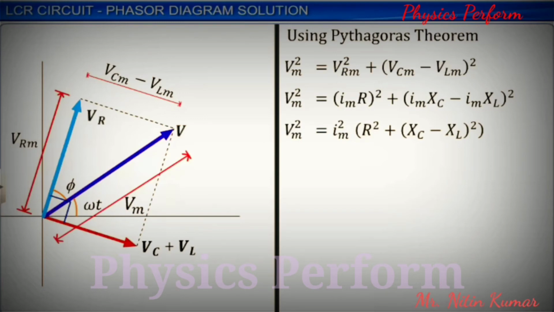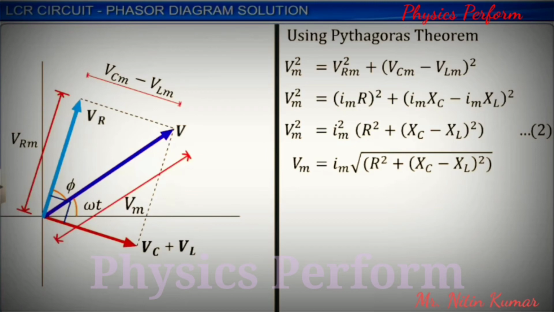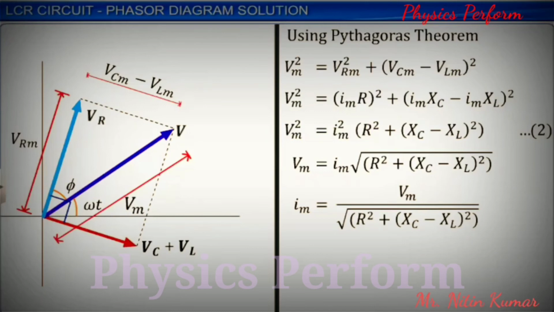Let this be equation 2. Or we have Vm equal to Im into under root R square plus (XC minus XL) square. Now, we have Im equal to Vm by under root R square plus (XC minus XL) square, which is equal to Vm by Z. Let this be equation 3.